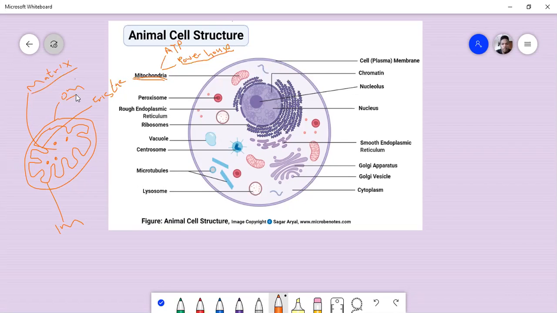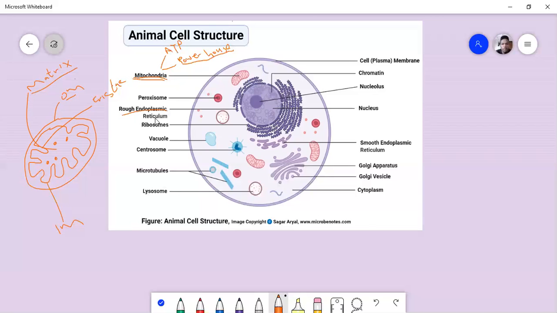And then the next organelle that you're going to focus on is your ribosomes. These are your ribosomes. Do you see this rough endoplasmic reticulum?